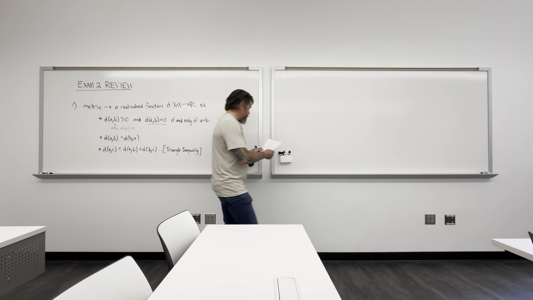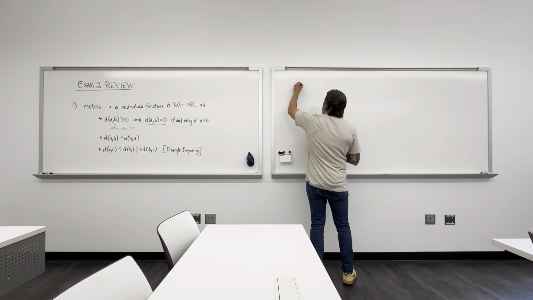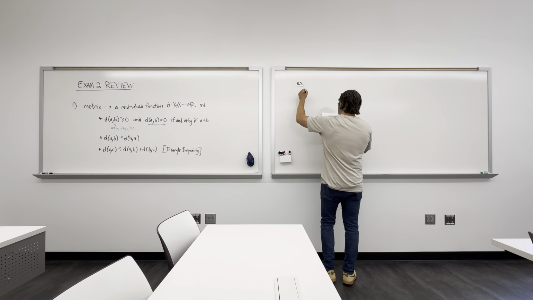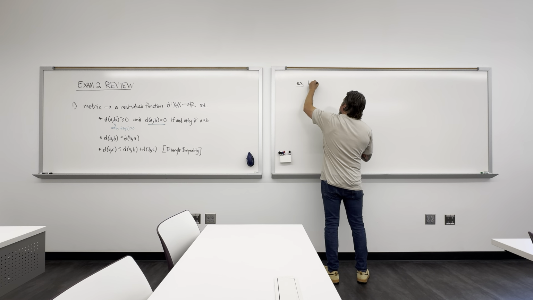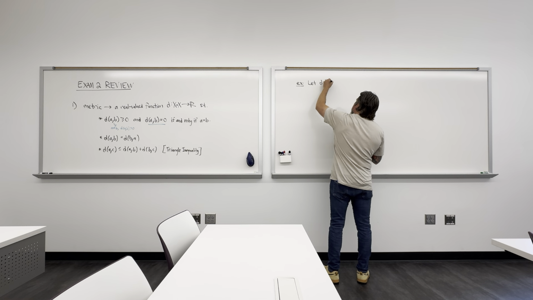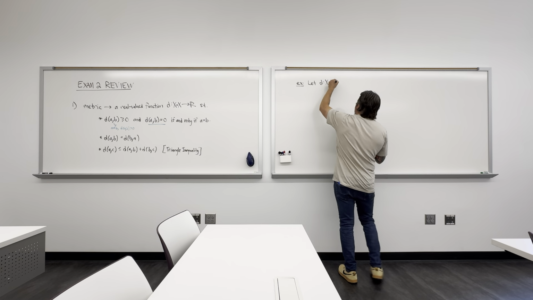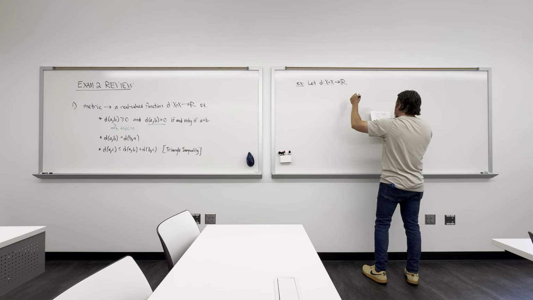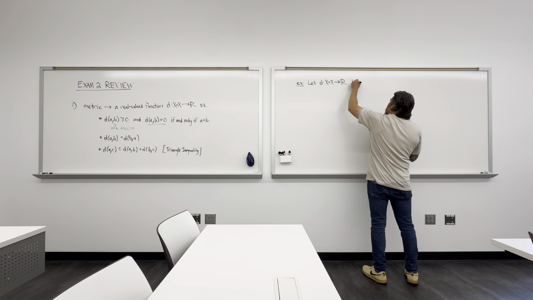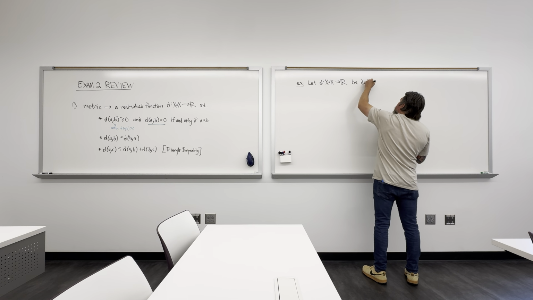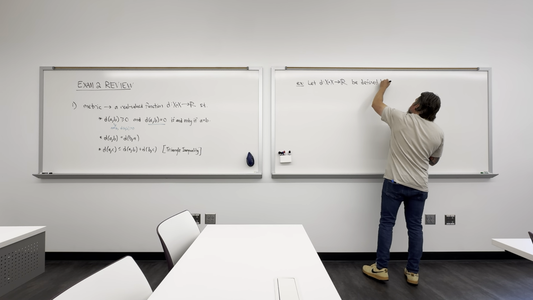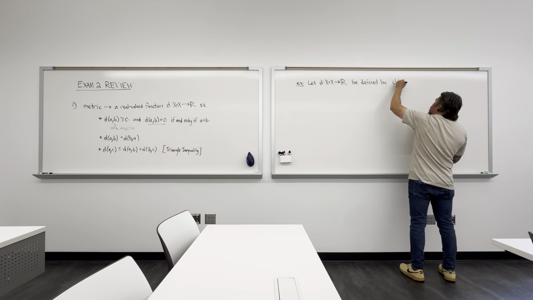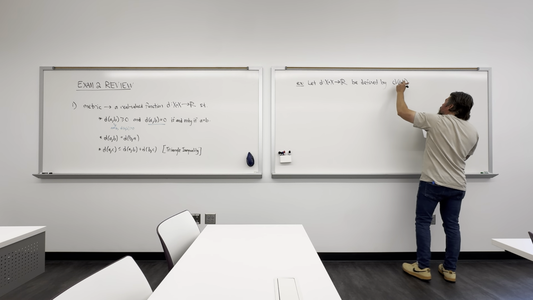Okay, let's look at an example. So let D be a metric on a set X, and let it be defined by the following.